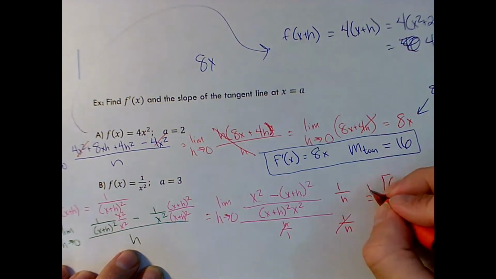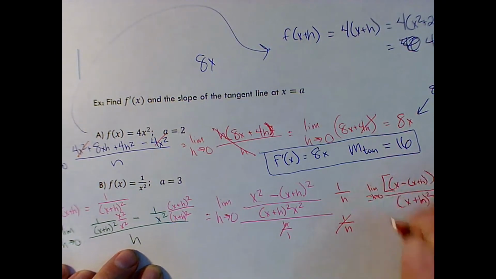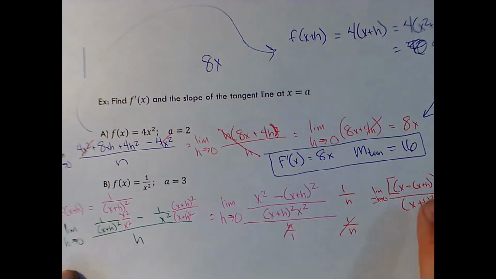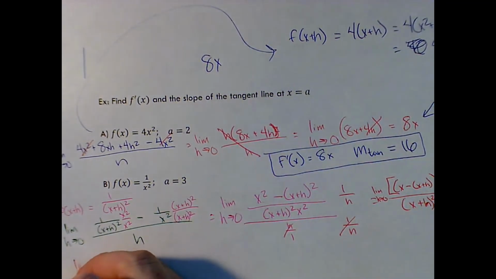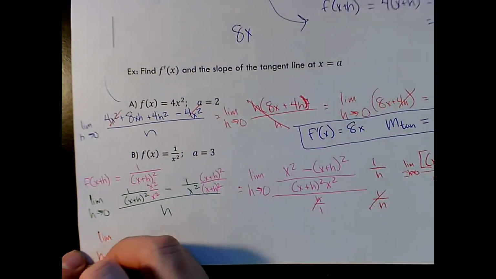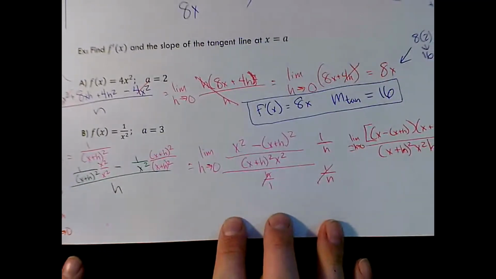And let's not forget the limit as h approaches 0. Simplifying the top, I have x minus h makes the x's go away.